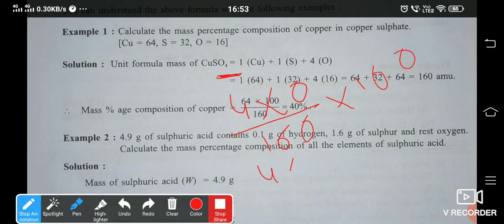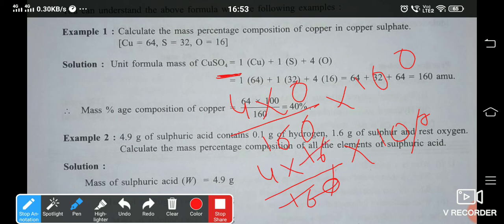Now 4 into 16 upon 160 into 100. 0 0 gets cancelled, 16 16 gets cancelled, so it is 40%. I believe, students, with this particular example you have understood how to find out the mass percentage composition of any element in a compound.